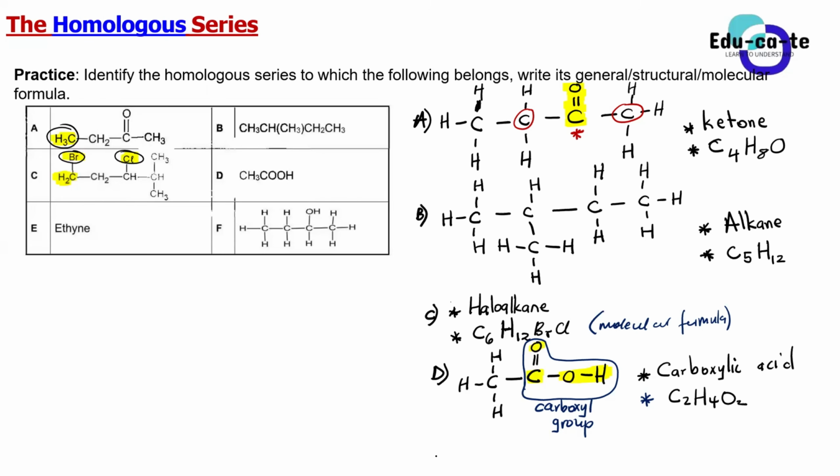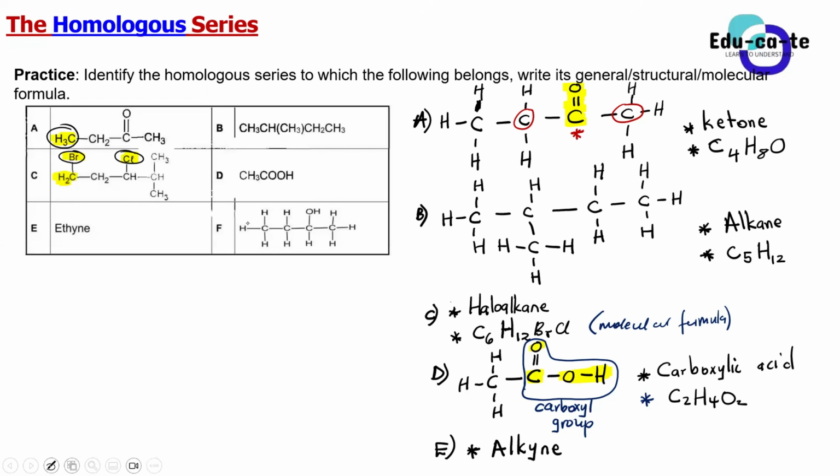Let's go to E. To what homologous series does E belong? Give me the homologous series of E. Yes, Dahazo? It's an alkyne, sir. Yes, Sam, you can talk when you raise your hand.